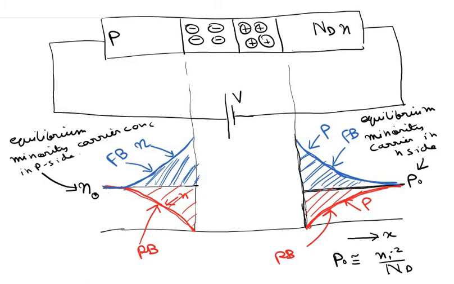Again, when the diode goes from zero bias condition to the reverse bias condition, the minority carriers just outside the depletion region must be removed, or must be depleted. So these minority carriers must be depleted before the diode can actually behave like a reverse biased situation.